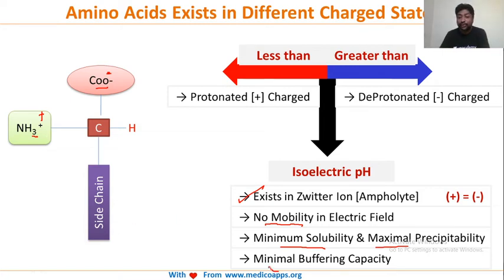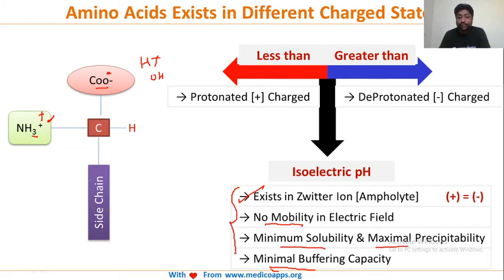Also, as I told you, there will be minimal buffering capacity. If you add hydrogen, it cannot be accepted, because all the amino groups are already protonated. If you add OH, it cannot be neutralized because all the COOH has already lost its hydrogen. So it has minimum buffering.